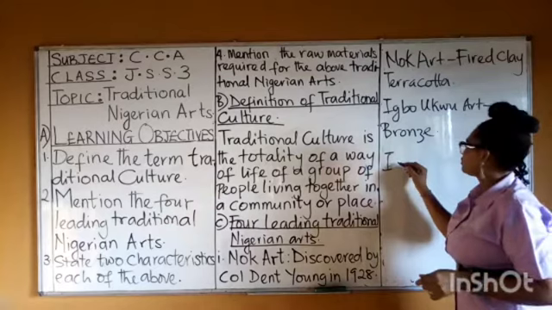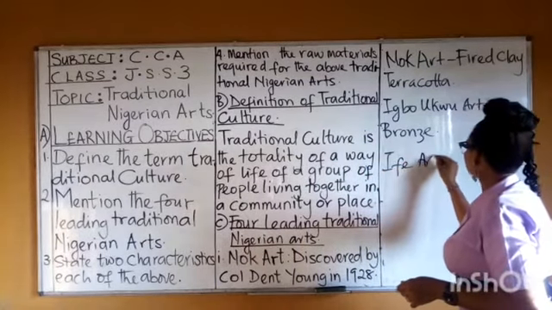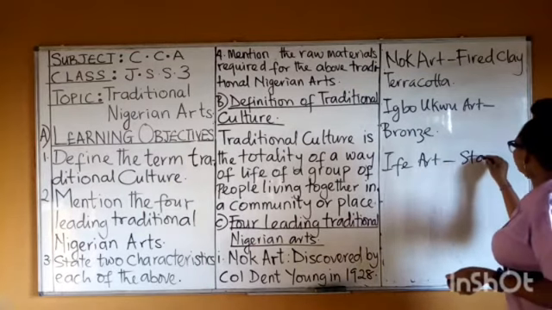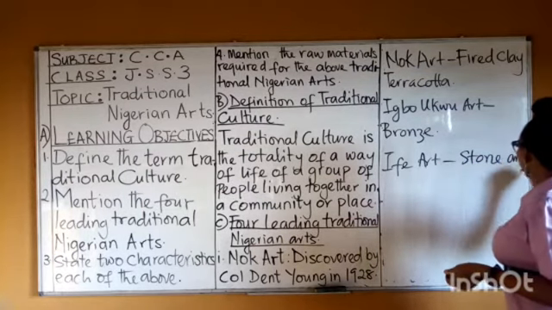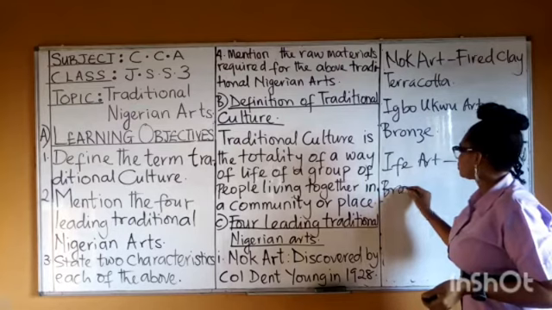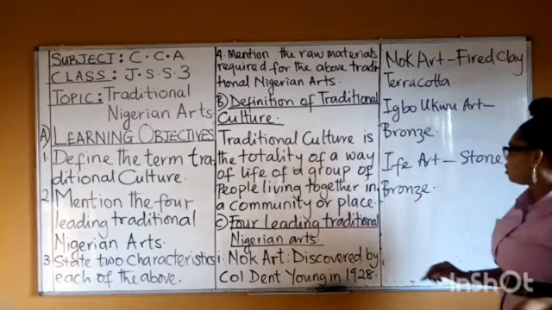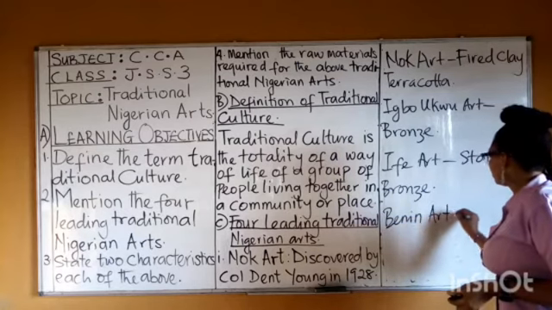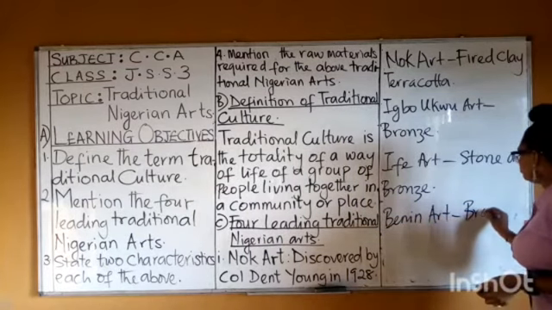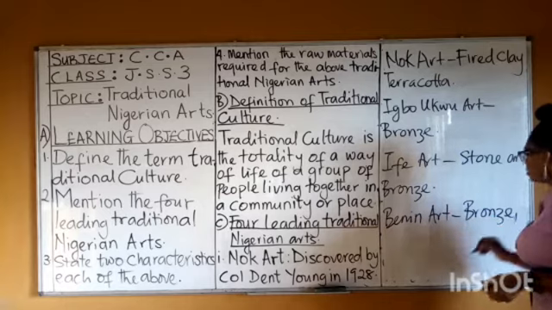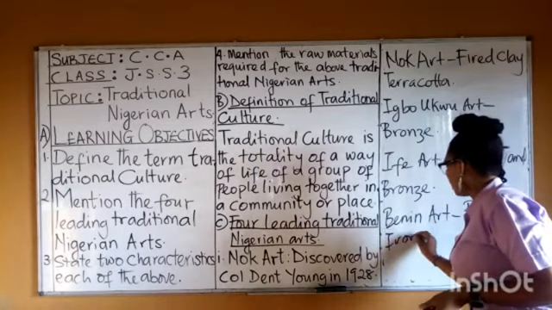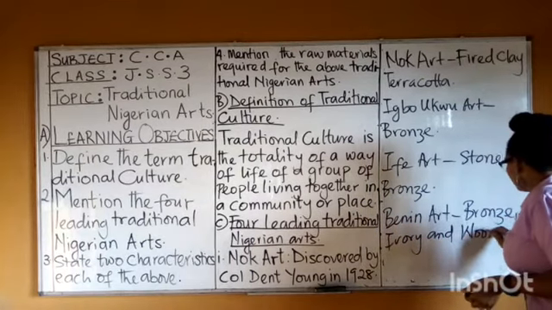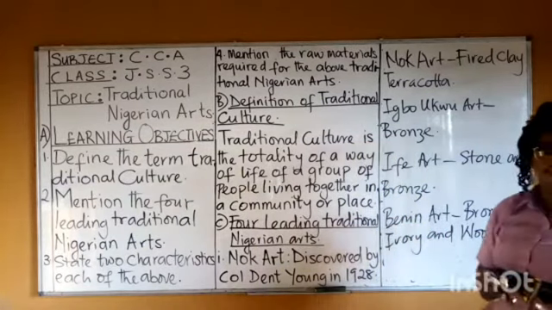For Ife art, their raw material is stone and bronze. While Benin art is bronze, ivory, and wood.